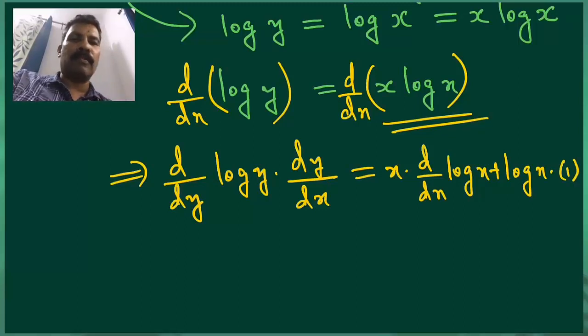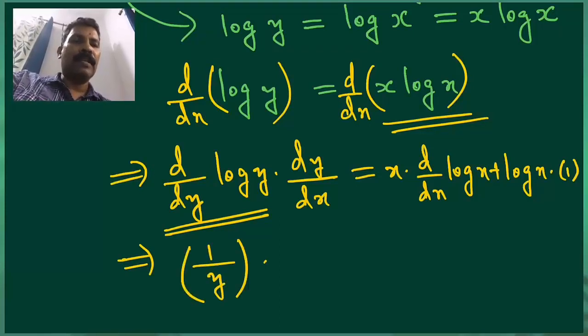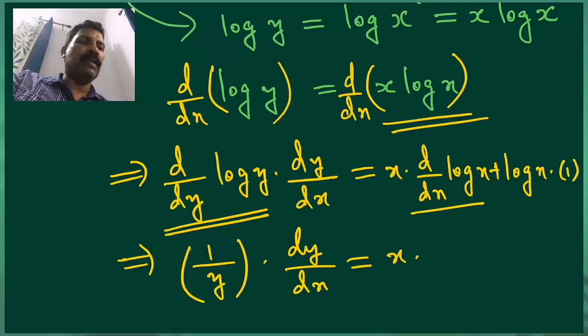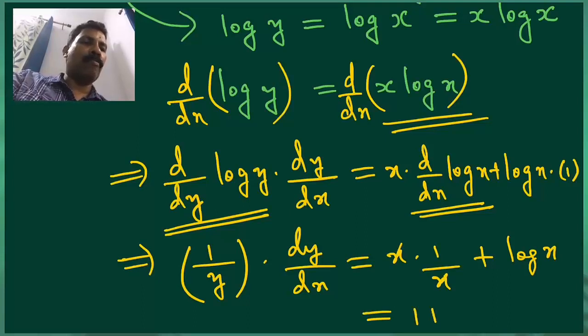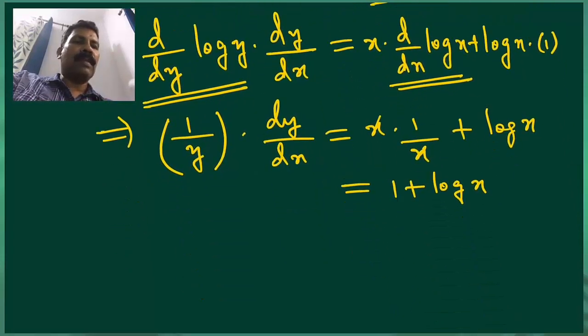So if you write it or not, no problem. Which implies, now what about log y? The derivative of log y with respect to y is 1 by y, into dy by dx, equals x into d by dx of log x, that is 1 by x, plus log x. Then x gets cancelled, so we have 1 plus log x. Then what about dy by dx?